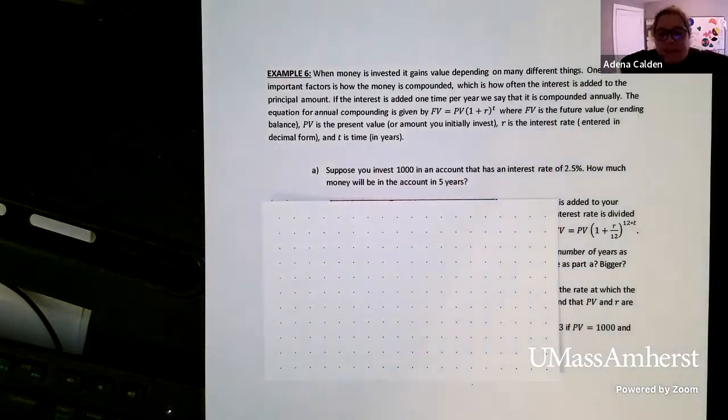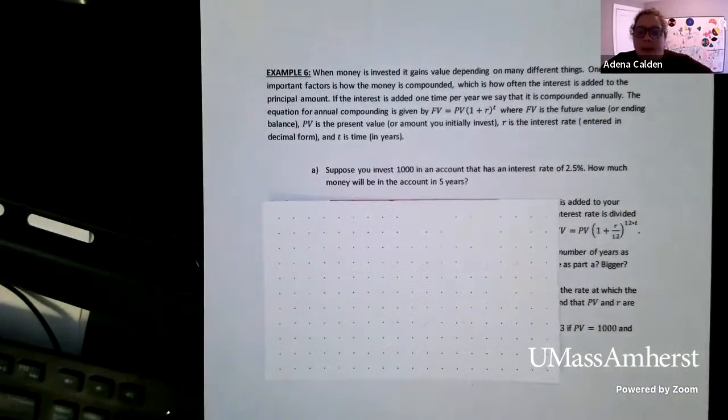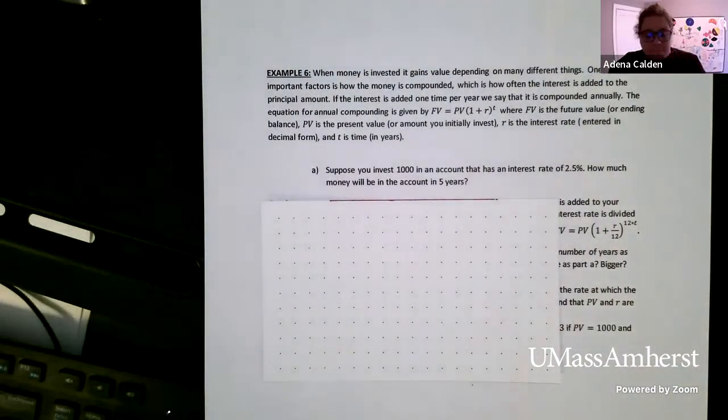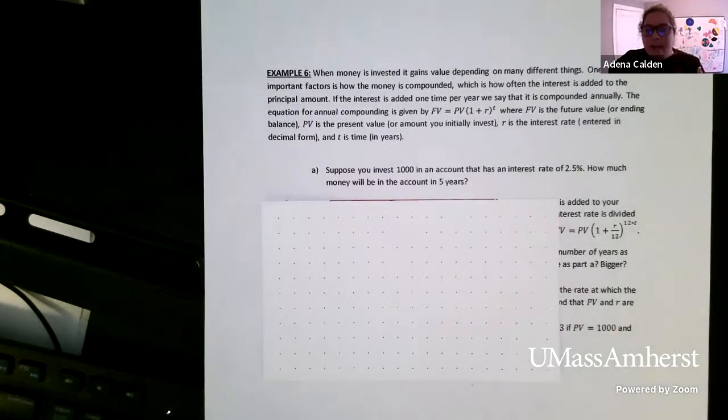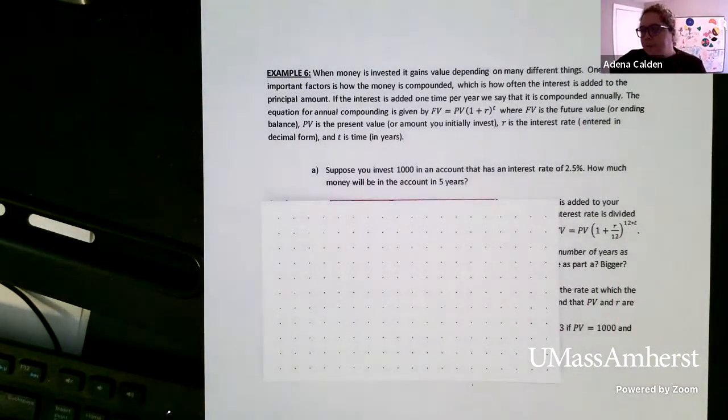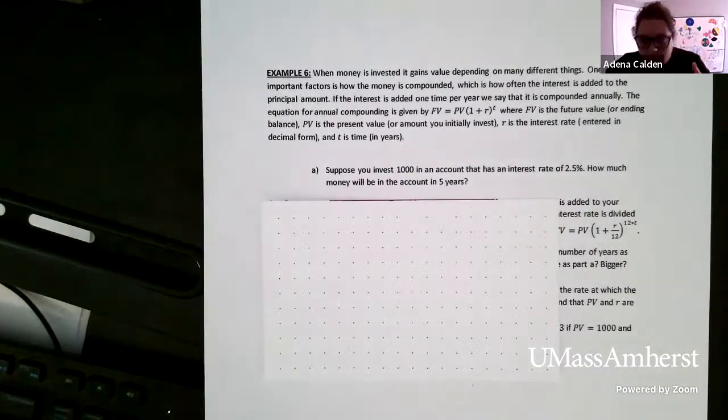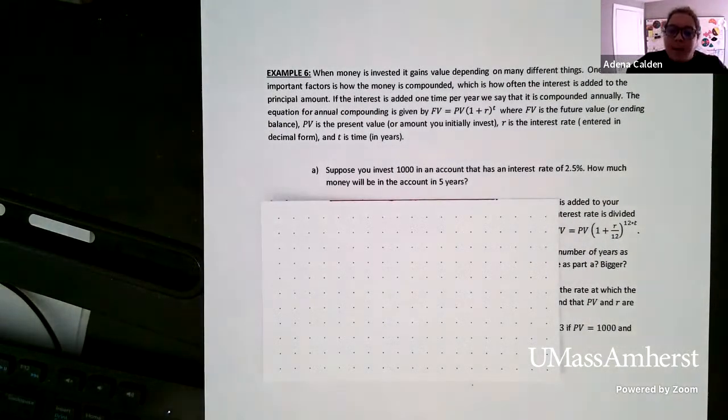When money is invested, it gains value depending on a lot of different things, right? So the market and the global economy and where you invest it and all those things, risk. One of the factors is how the money is compounded. So what does that mean?